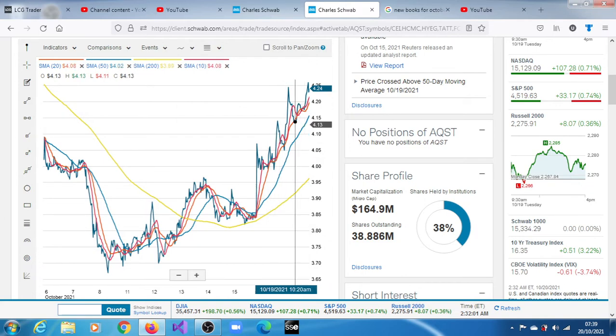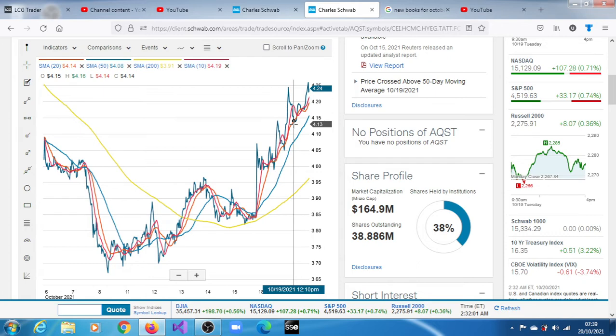But we have seen that at various times it pulls back. The stock itself pulls back below all of those short-term moving averages, but never really falls below the 50-day moving average. If the stock never fell below those short-term moving averages, the 10 and 20-day moving average, that would have been super excellent.